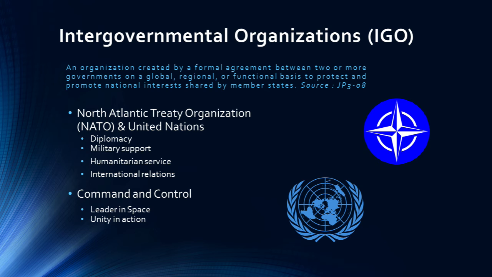The main purpose of the United Nations is to maintain peace, address international problems such as food and water shortage, and unite multi-government actions. As a leader in space, the U.S. will be relied on to assist in sharing information and technology. That is already apparent in our actions now through humanitarian assistance and international relations.